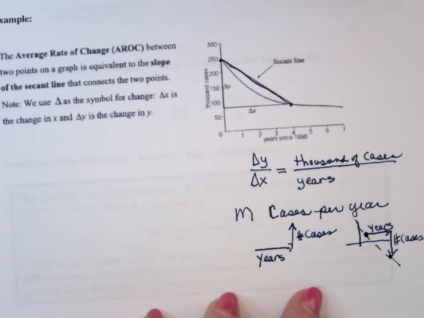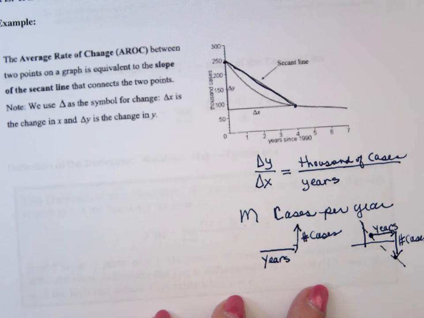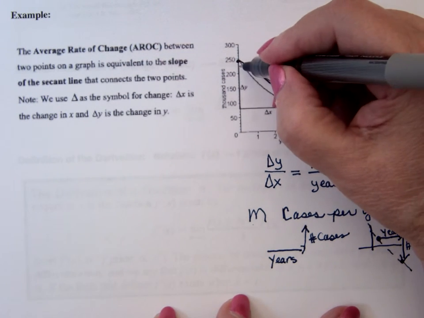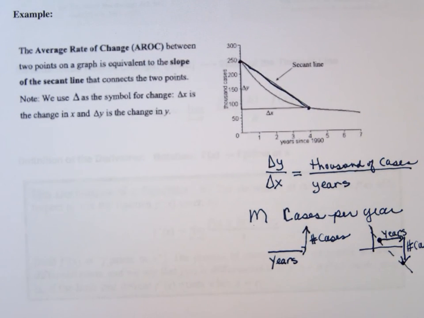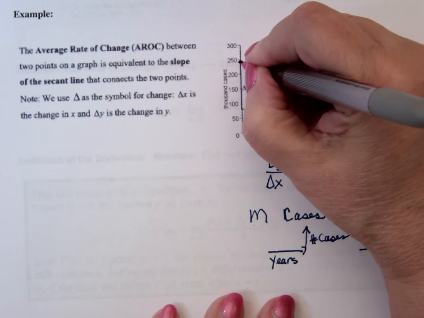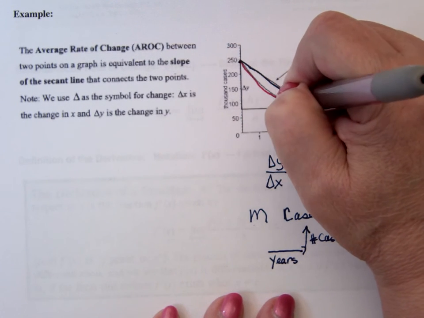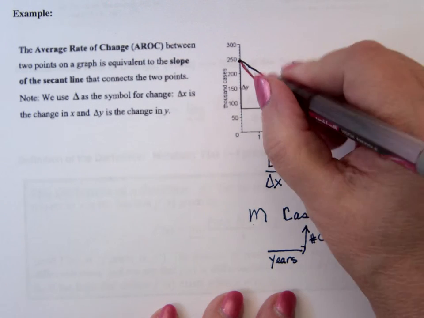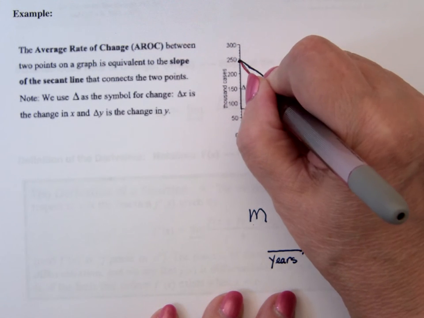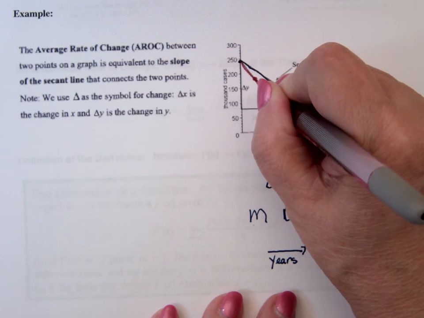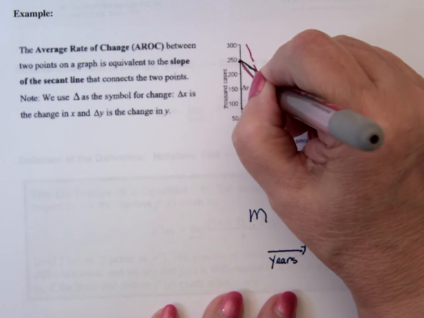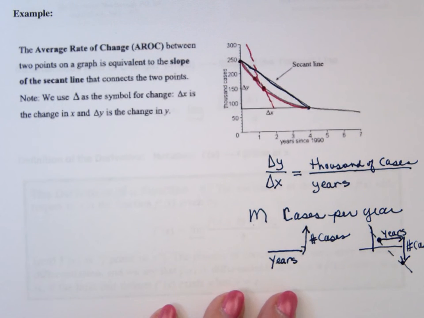Now, the reason why it's called the average rate of change is because in calculus, what you have is a curved object. And what that means is this: I pick two different points and I draw a line. What do you notice I have?